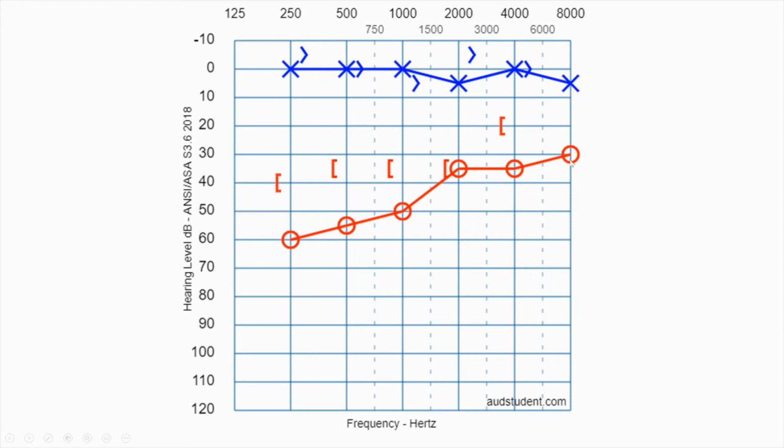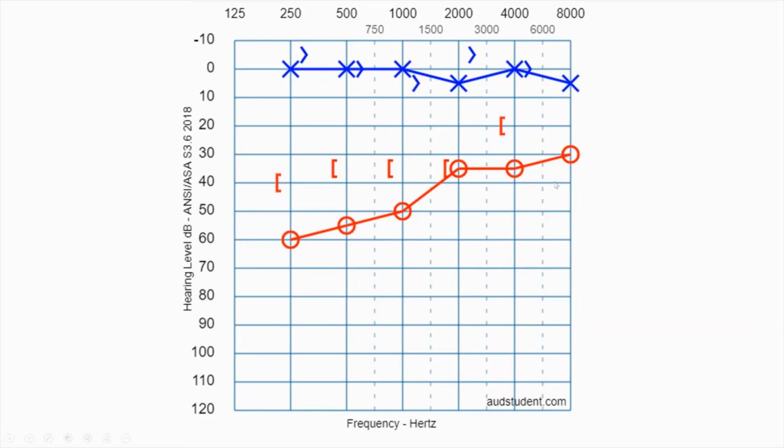It looks like it's rising from the low frequencies to the high frequencies. On to number 4. Is there a degree that matches with most of the thresholds? Given that it's a rising configuration, not really.